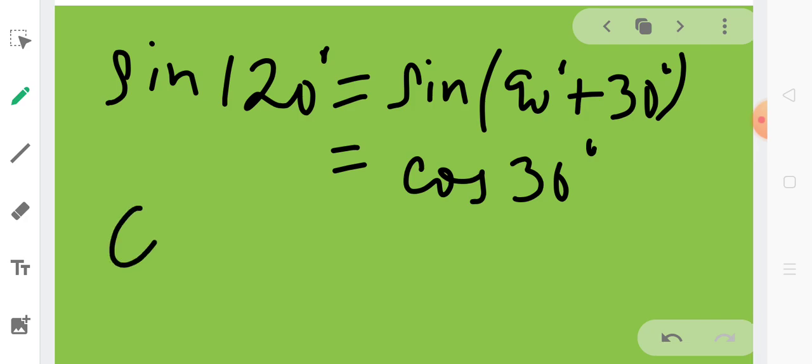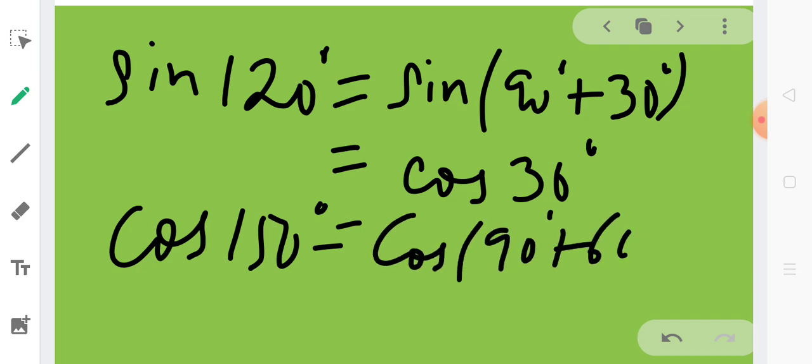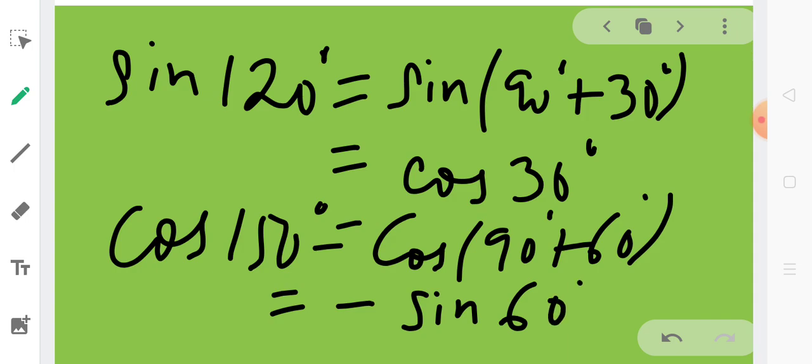Similarly, cos 150 degree should be equal to cos of 90 degree plus 60 degree. So that will be equal to minus of sine 60 degree. In this manner, we can find out the trigonometric ratios.